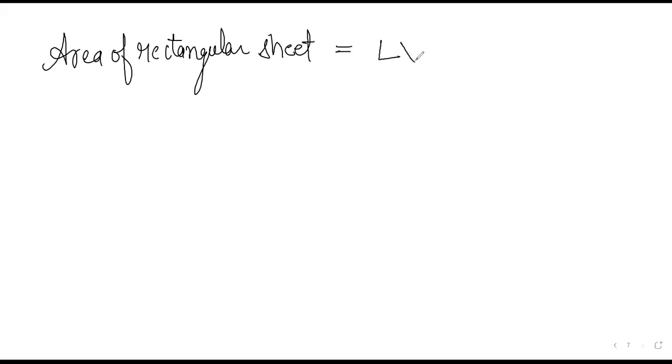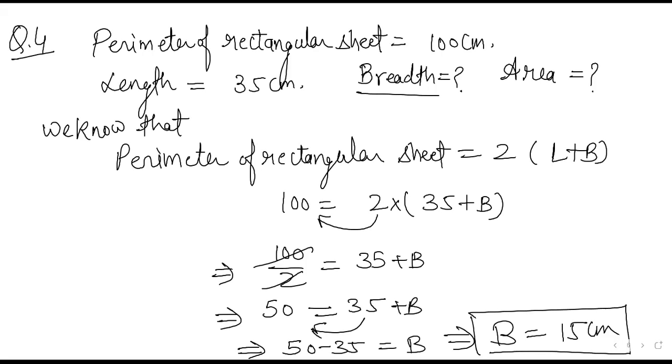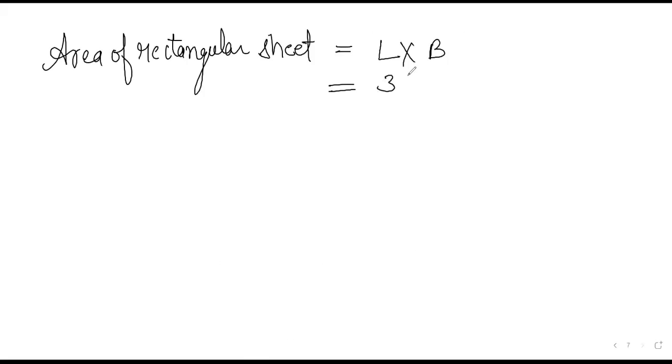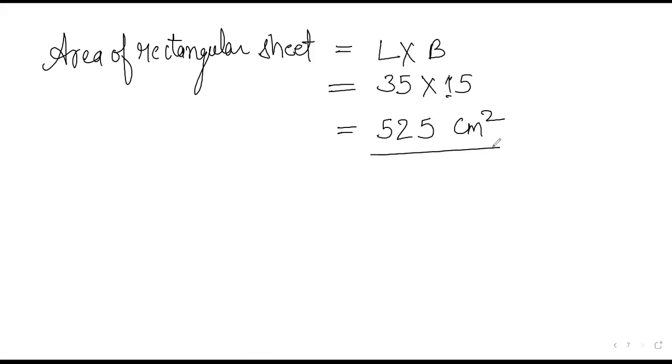That is very easy, L into B. L is 35 and breadth is 15. 15 times 5 is 75, 7 carry, and 15 times 3 is 45, plus 7 is 52. So 525 centimeter square is the area of the rectangular sheet which was given to us, right?